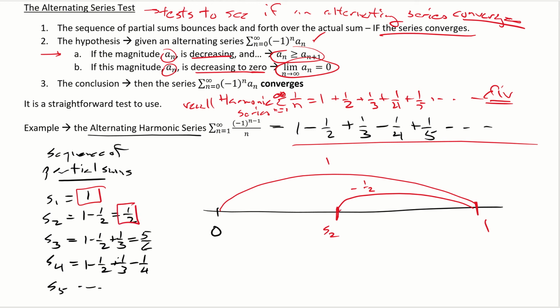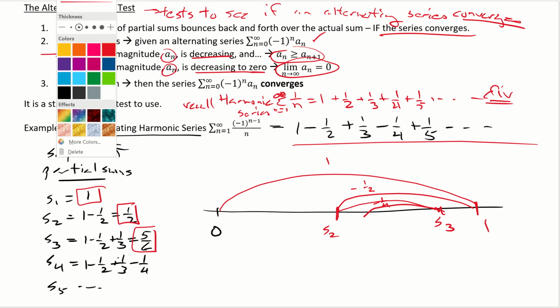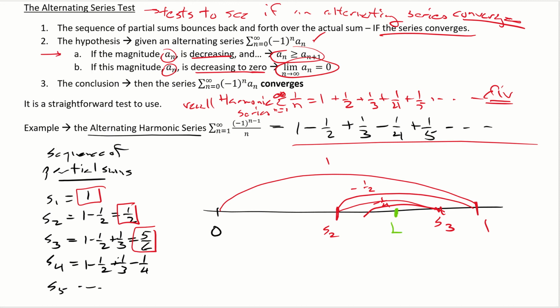But then you add a third. So this is S sub 3 here now, and it ends up being 5/6. And then you subtract a fourth, and it just keeps on bouncing. Here's the punchline. If this guy actually has a limit, wherever it is, it's got to be nestled in here somewhere. That is to say, you could say that's the sum.